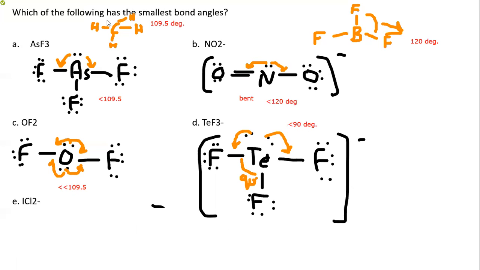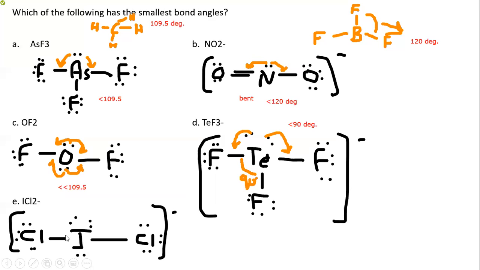And then lastly, we have ICl2 minus. Again, this has 5 electron pairs, but notice it only has 2 bonding pairs. So this is going to be 180 degrees apart.